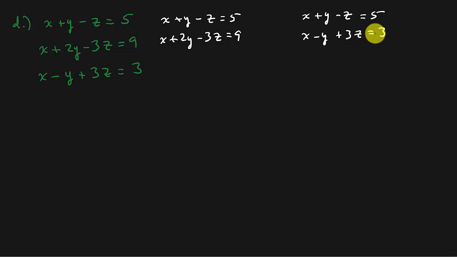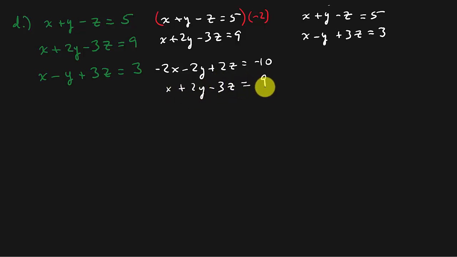Right? So what are we going to eliminate? Well, let's eliminate the y variable. To get rid of it here, I'm going to need to multiply this by -2. That gives me -2x minus 2y plus 2z equals -10, and then x plus 2y minus 3z equals 9.